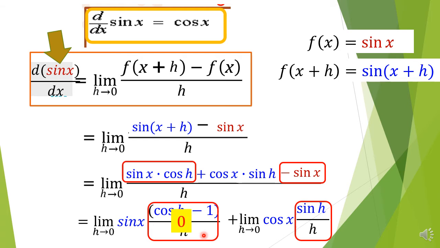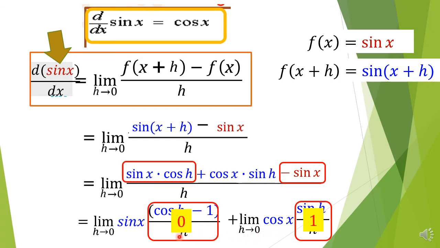Yan. So ito ay magiging 0 lang. You can review your limit of trigonometric functions. And this one is 1. Okay? So if that is 0, that means this product is 0. While this one, limit of cosine x times 1. But cosine of x, di ba wala naman dun yung variable natin na nag-approach sa 0. So we just leave this as cosine x times 1.